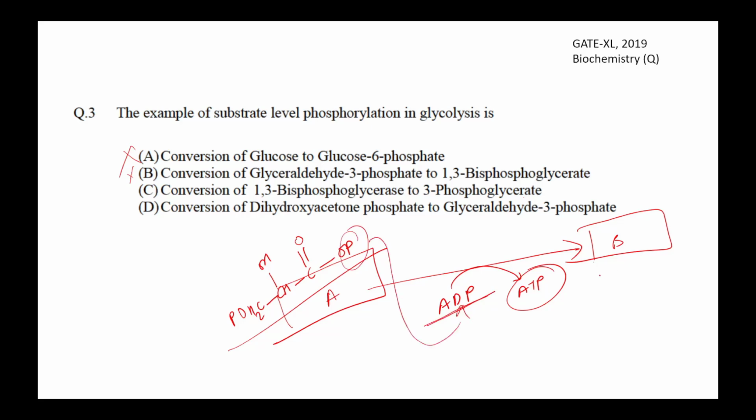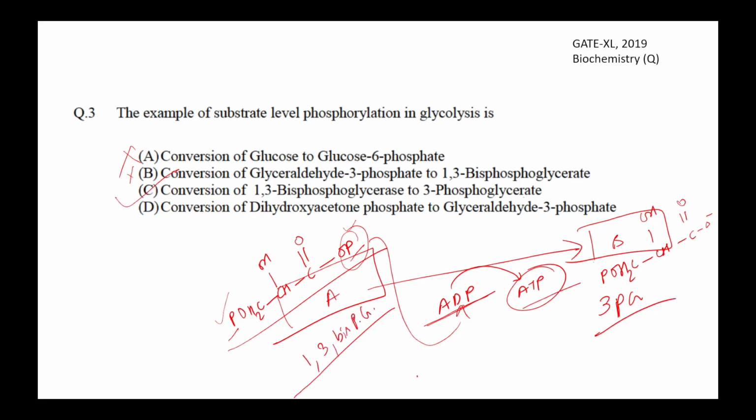So this is 1,3-bisphosphoglycerate, and we get 3-phosphoglycerate at the end of the reaction. So this is the correct option.